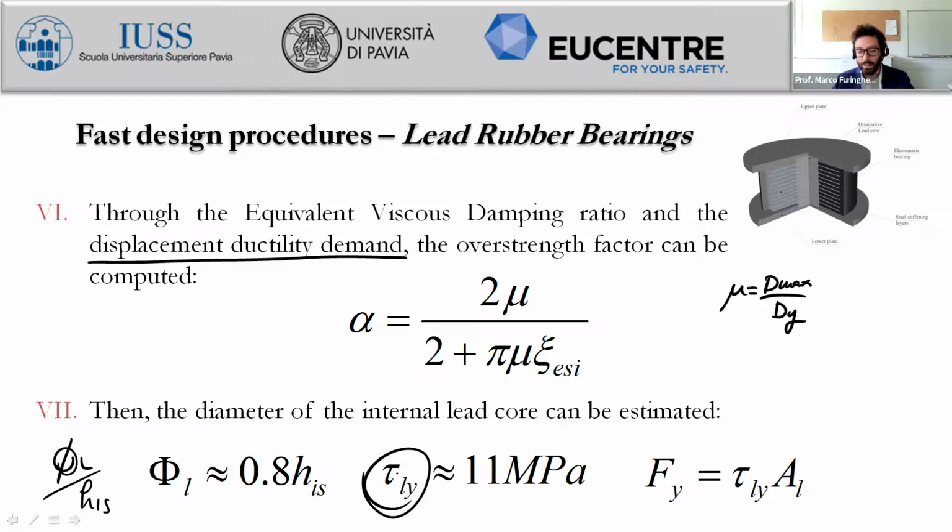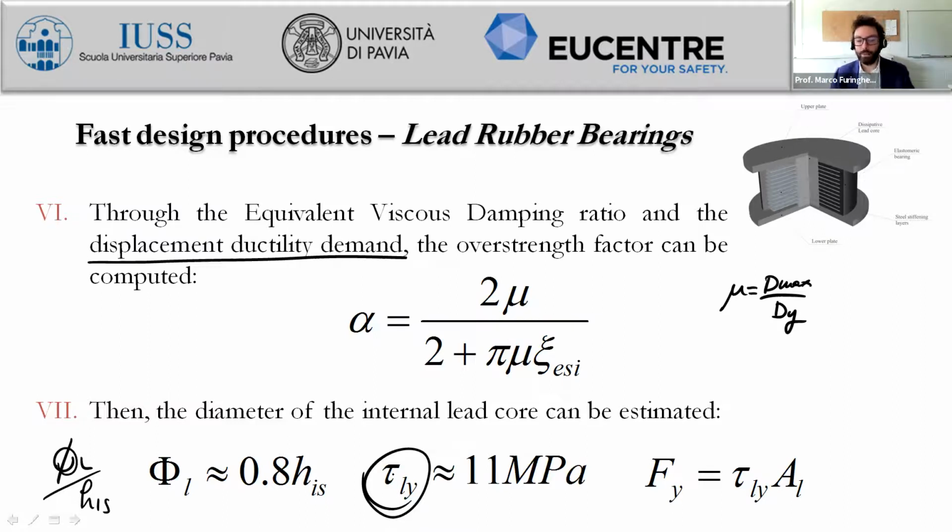The first one, the shear stress for the lead core related to the yielding point. Once I observed that there is a probability distribution for the yielding shear strain, I tried to consider also a distribution for the corresponding stress. So maybe there is a distribution and a given behavior for the shear stress of the lead core.